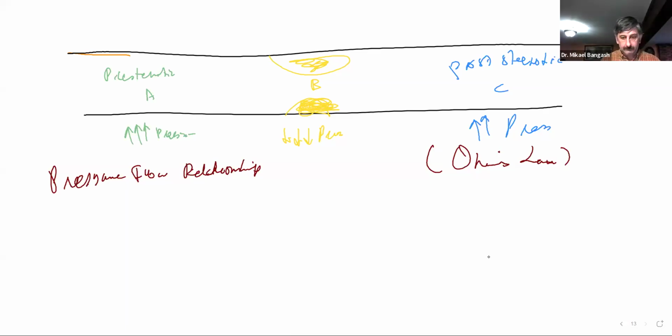Here we are not talking about the flow of electricity, we talk about the flow of a liquid. But the pressure flow relationship for fluids in terms of electricity, that same law was called Ohm's law. Did you guys get that? So what is it that your pressure flow relationship is going to be?